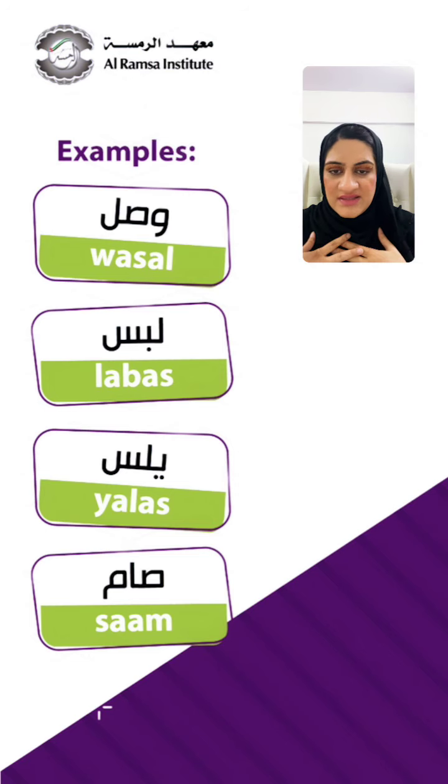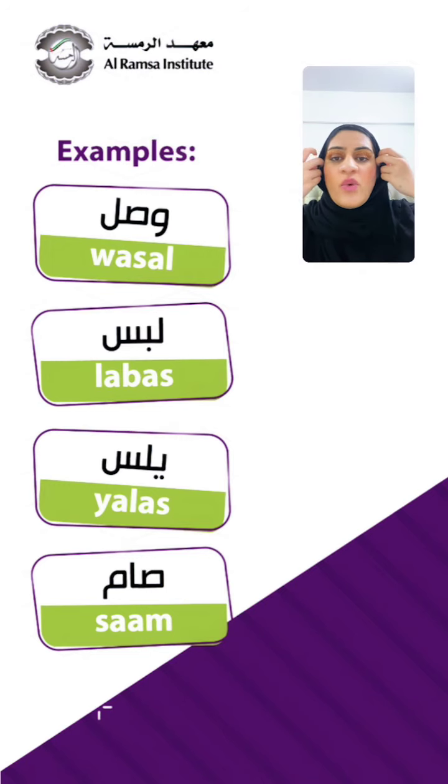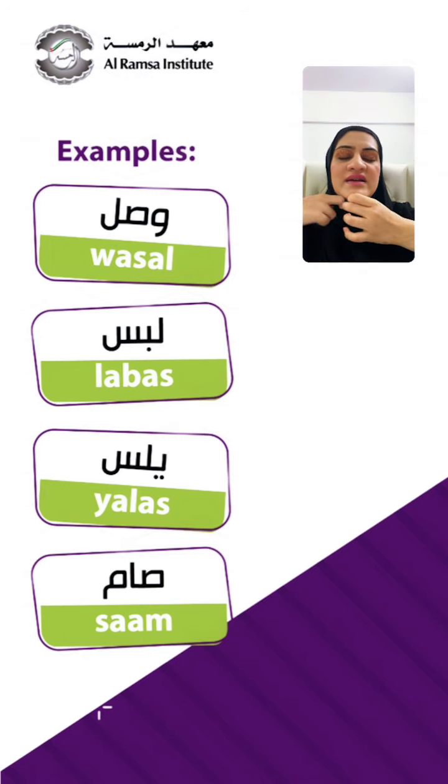Or I will be arriving soon, I can say بكون واصل قريب, or بكون واصلة for a female. So all these forms can be used in past, present or future. It depends how you use your phrase. تمام?